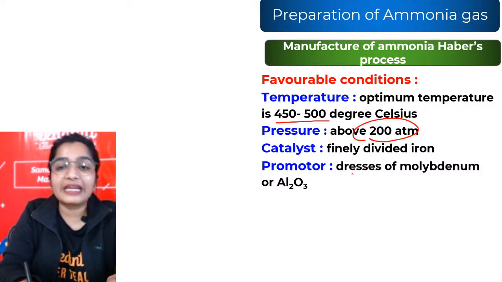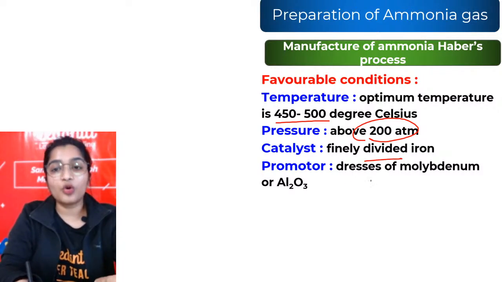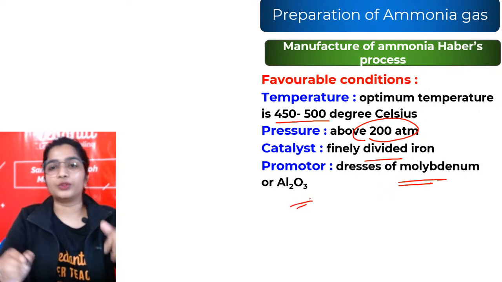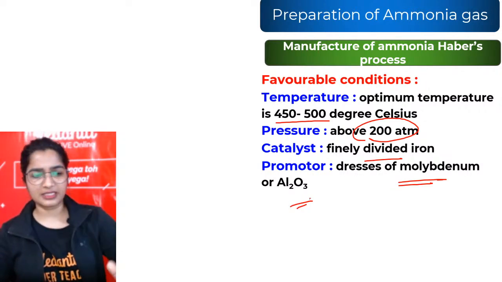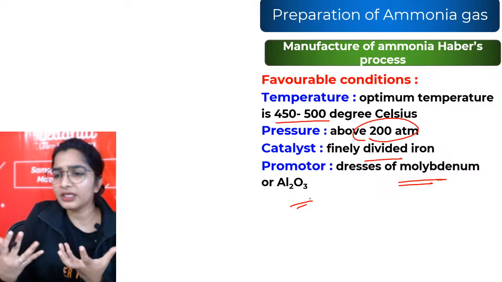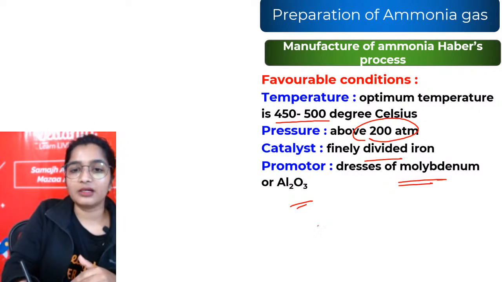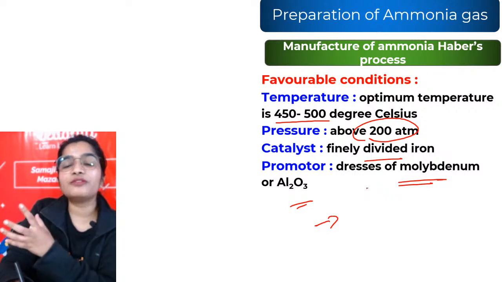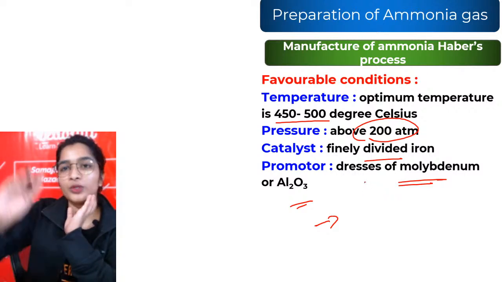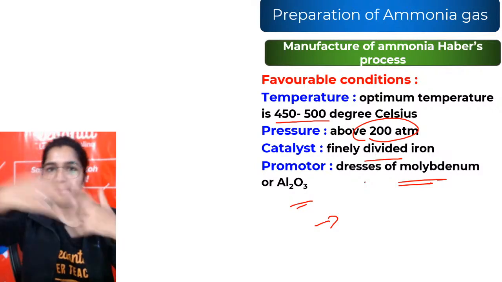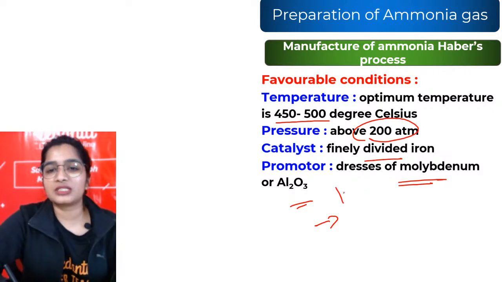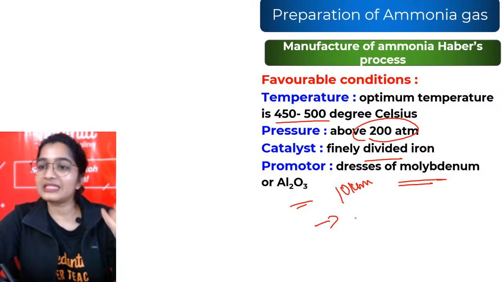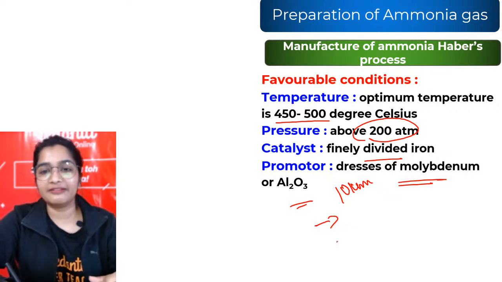The catalyst is finely divided iron, and the promoter is molybdenum or Al2O3. Now what is the role of the catalyst? For example, Divija, you need to go to your grandmother's place or come over to my place. The distance is almost 10 kilometers. I'll tell the same thing to Divakar too.